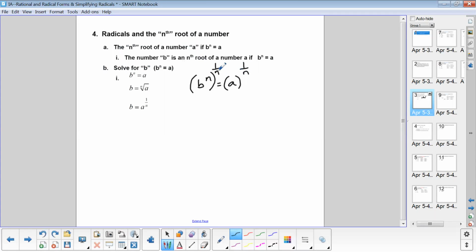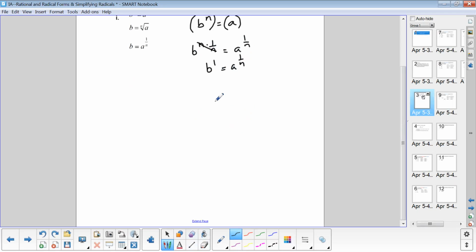So I apply the same power rule operation to both, and what I get is n times 1 divided by n and a to the 1 divided by n. What happens here is I get n divided by n and it goes to 1. And so I get a to the 1 divided by n power equals b to the first.